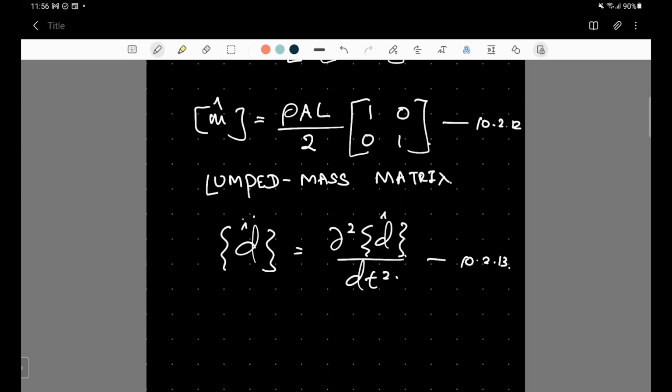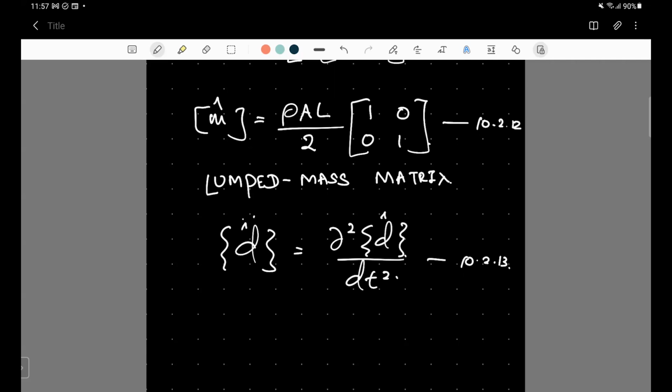And of course, if we compare this lumped mass matrix and the consistent mass matrix approach, it seems that the consistent mass matrix provides us a more accurate result or model than the lumped mass matrix.